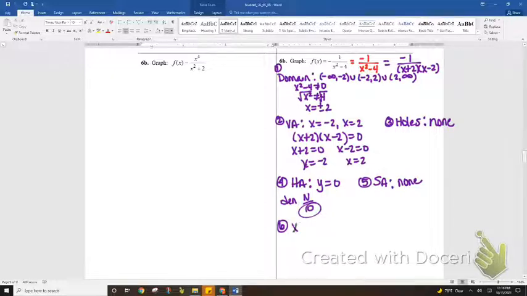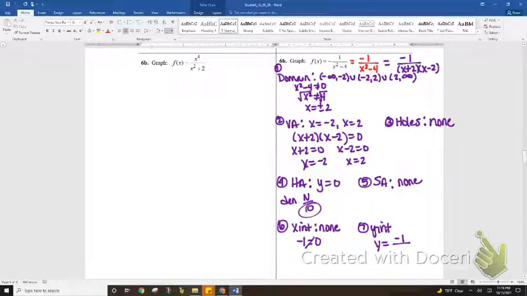Alright, so then x-intercept. That's where we set our numerator equal to 0. Our numerator was negative 1 equal to 0. Does that make sense? No, there's no x, which means there's no x-intercept. Y-intercept, plug in 0 for x and solve for y. So negative 1 over, and it doesn't matter if I use the x squared minus 4 or the x plus 2, x minus 2 because nothing canceled.